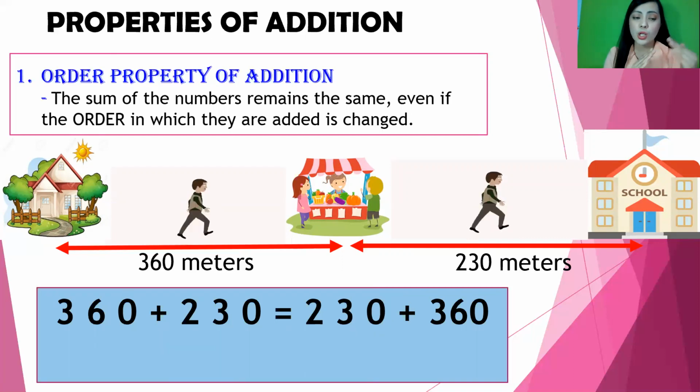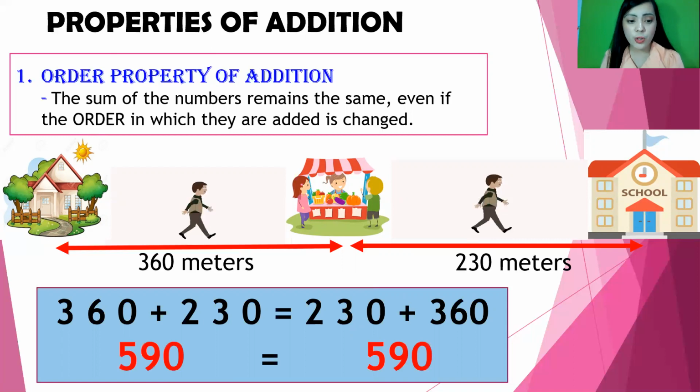When he goes from house to school and school to house, he will get the same answer. So 360 plus 230 is equal to 590. 230 plus 360 equal to 590. Even if you change the place of the numbers, you will get the same answer.